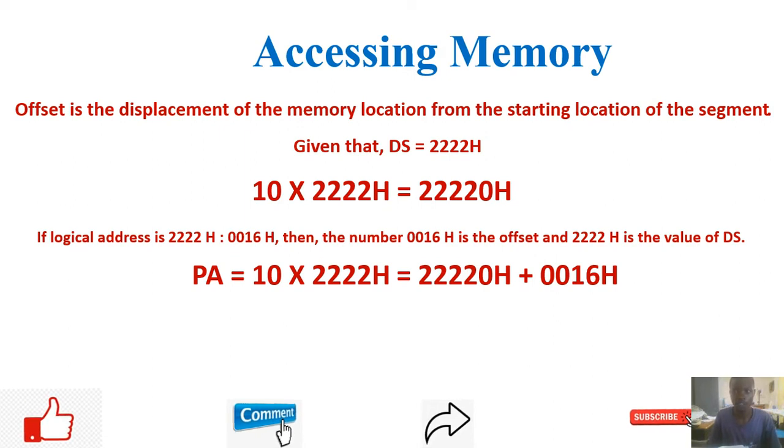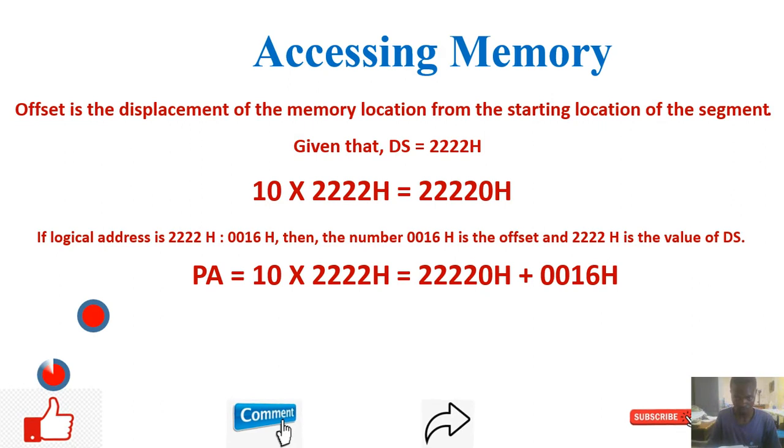To calculate the effective address of the memory, the BIU uses this formula: effective address is equal to starting address of segment plus offset. So this is how all those things are calculated.